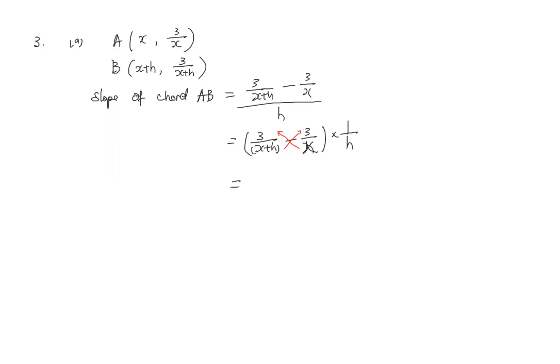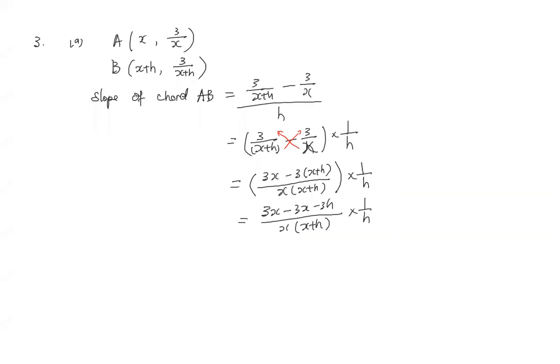So it will be 3x minus 3 times x plus h. So the denominator has to be x and x plus h, correct? Times 1 over h. So expand. 3x minus 3x, I get 0, right?